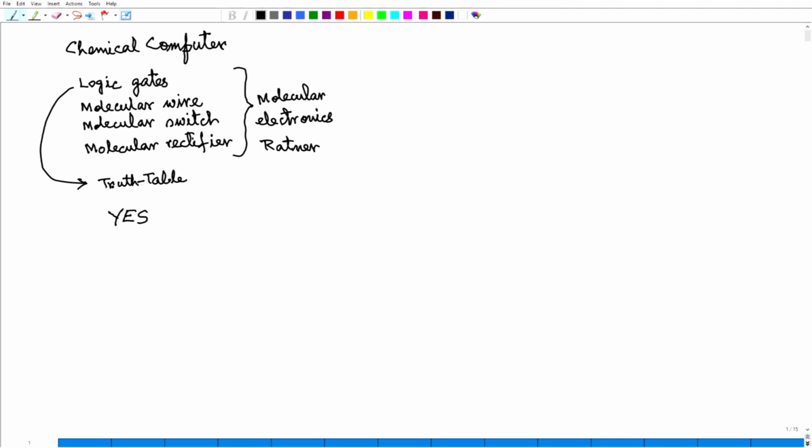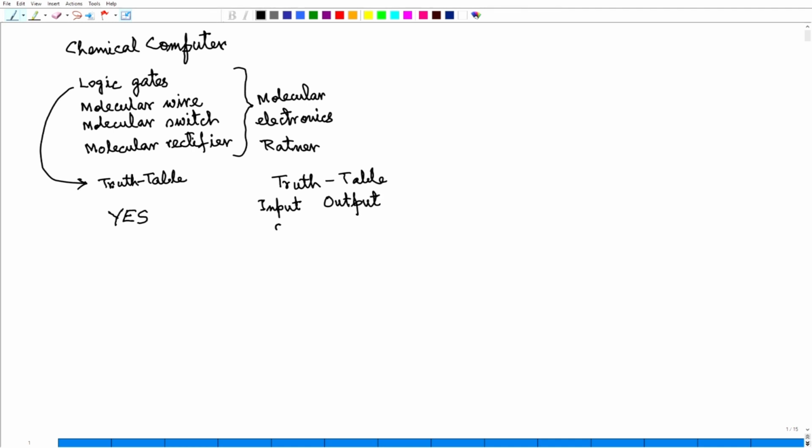Here a low input gives a low output. Low input means 0. Side by side I am going to write the truth table for the YES logic gate. It has a single input and a single output.